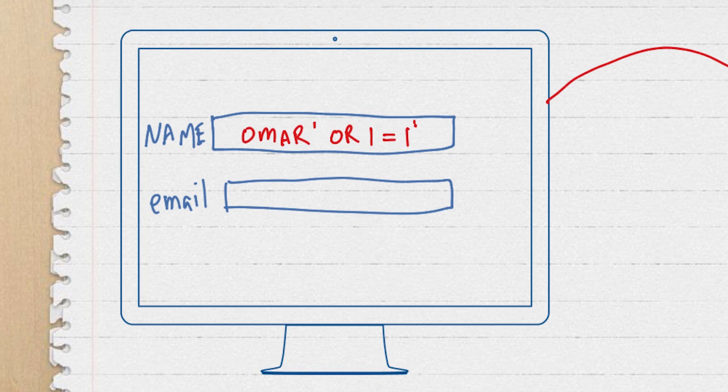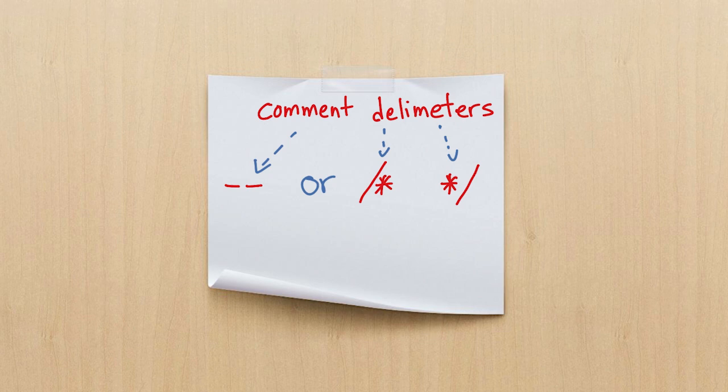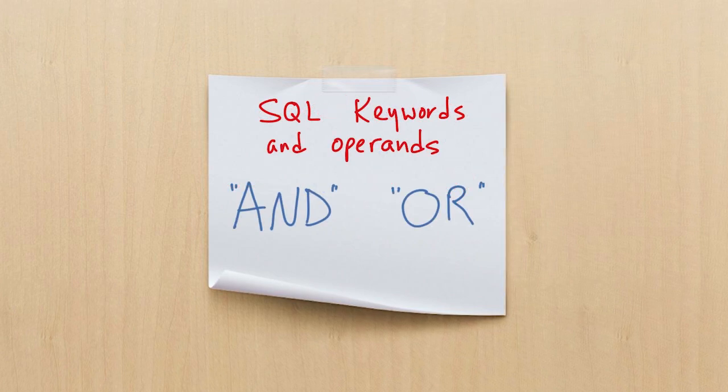You can also use the comment delimiters, so -- or /* and */ and many others. You can also use other SQL keywords, including operands like AND and OR, as you saw in the previous example.